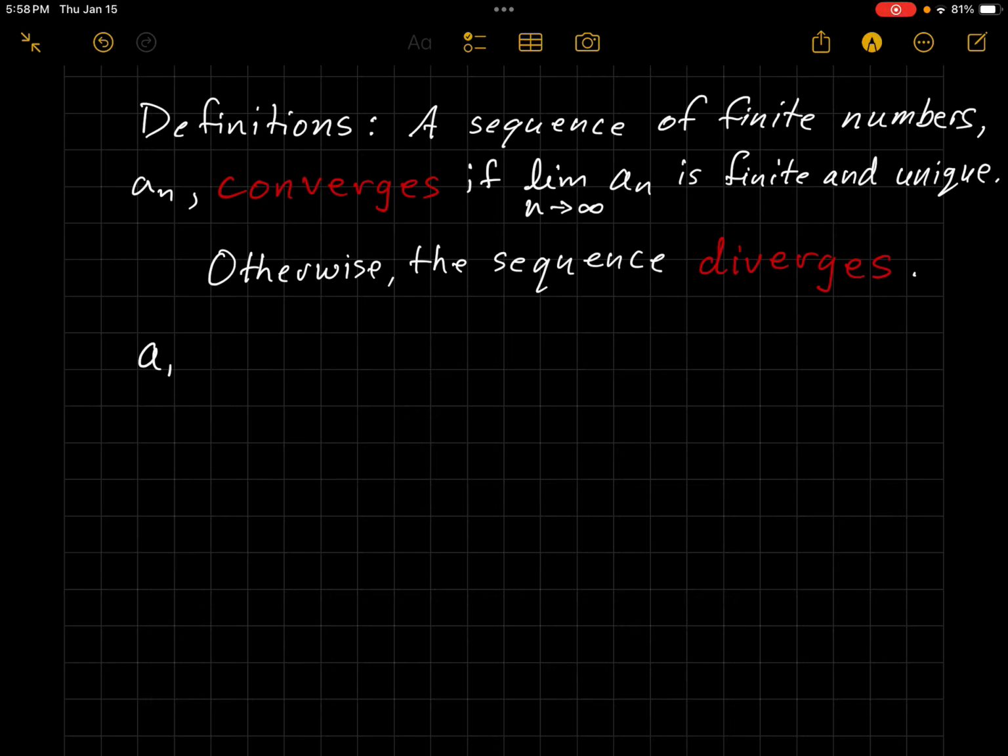So let's look at our first example. Consider a sub n equals n over 2n plus 1. And we'll do n greater than or equal to 1. It doesn't really matter whether 0, 1, 2, because we want to look at the limit as n goes to infinity of our sequence.